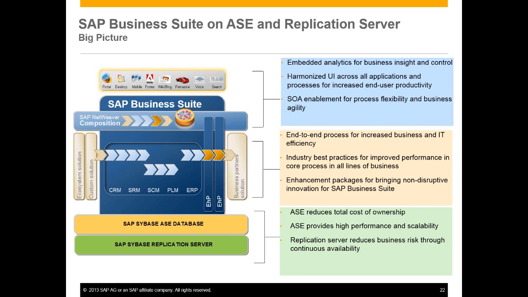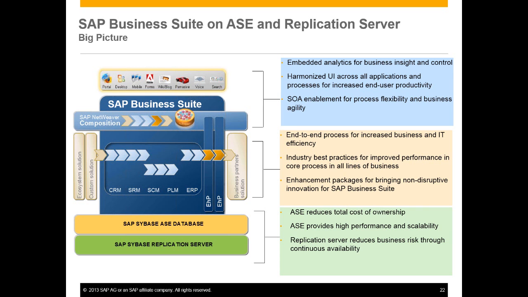So it really gives you the best benchmark results, and the Replication Server is providing the underlying DR capability. The one thing I want to highlight here is adoption. Since the 2012 introduction of Business Suite ASE support, the adoption has been tremendous. More than a thousand installations are already deployed on top of ASE. It's very, very impressive.